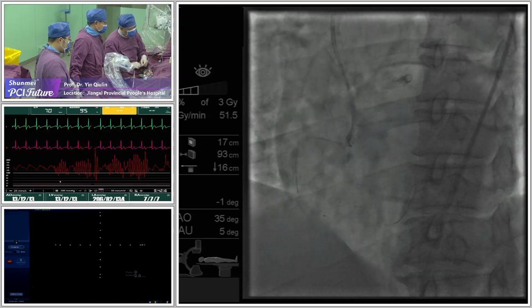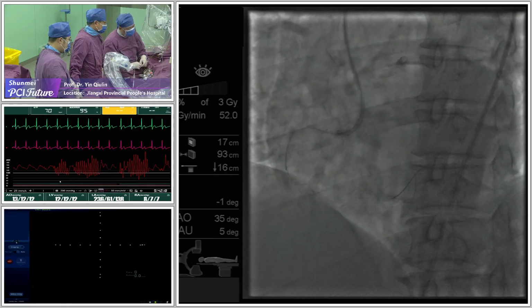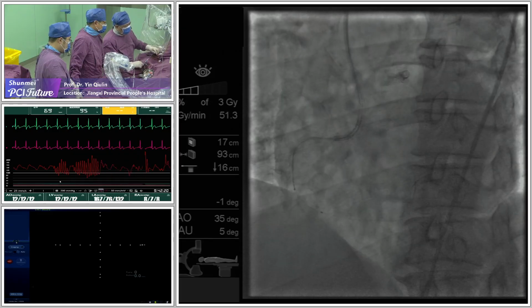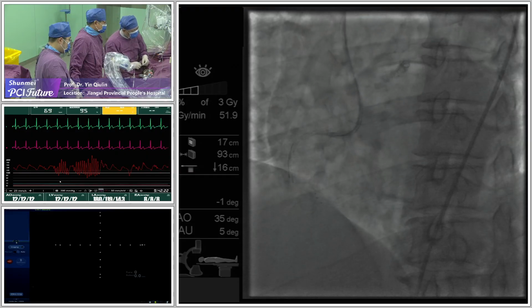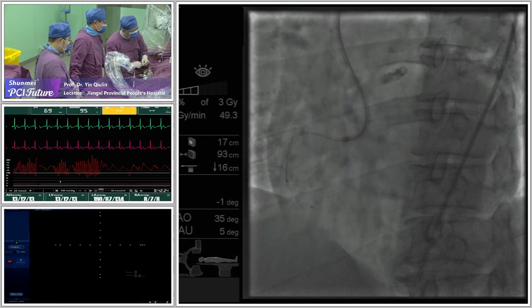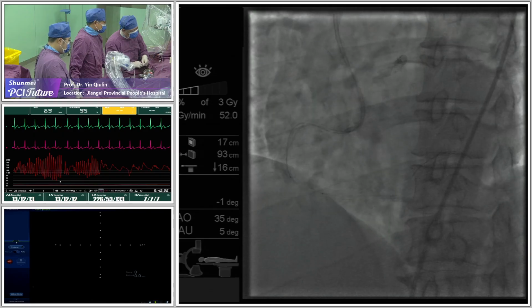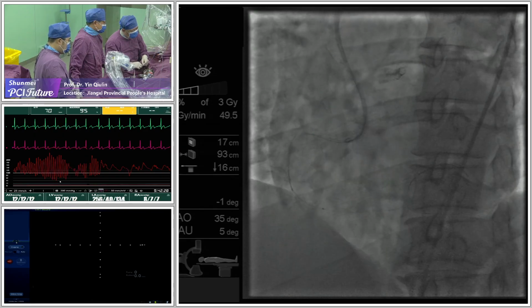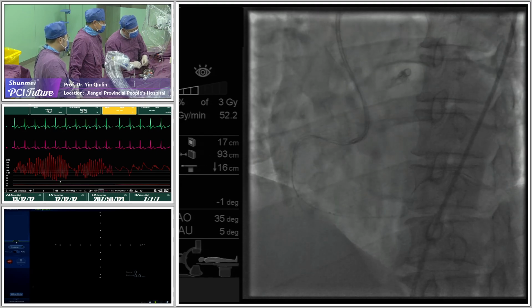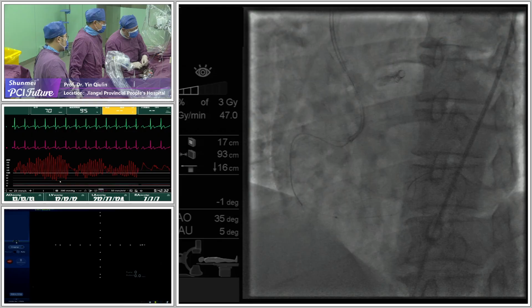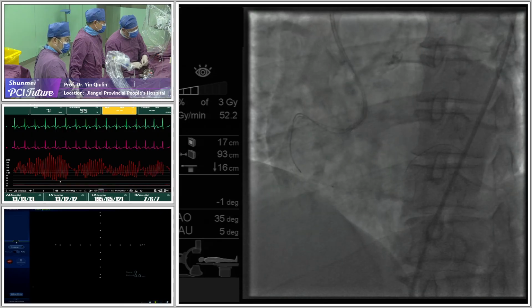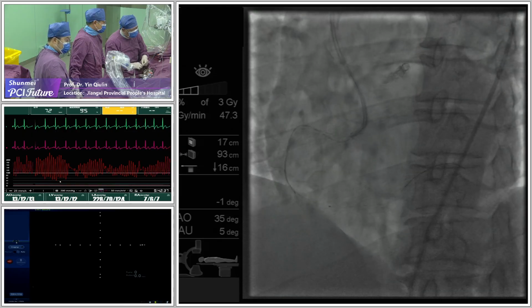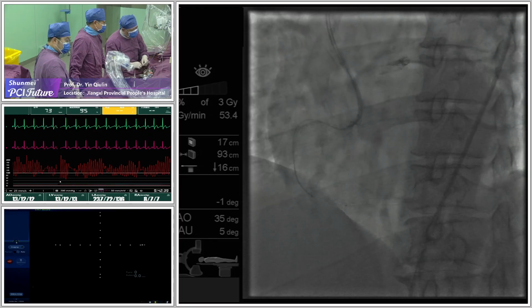Can we look at the previous angio, the previous one? Yes, perfect. So here your antegrade guide wire is in the proximal cap? No, in the side branch. Okay.